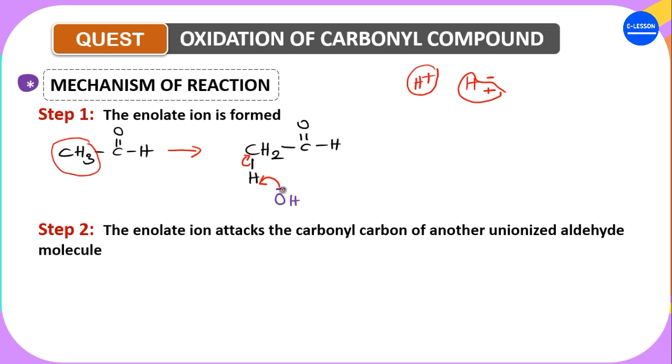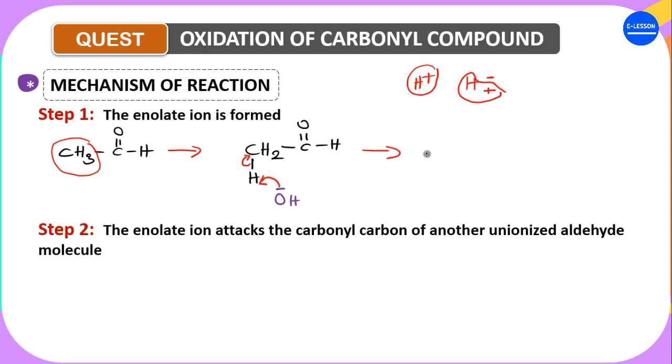First of all, the OH attacks the proton and abstracts it. That means it removes the proton. And then because the proton is not taking this electron here, this bond is taken into this carbon. So what do you think will be the product of this step?